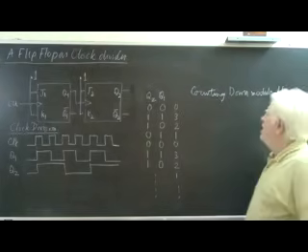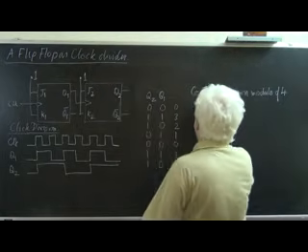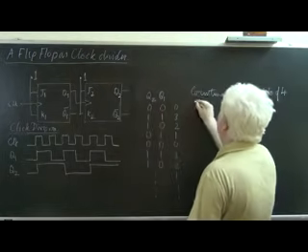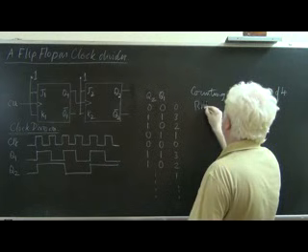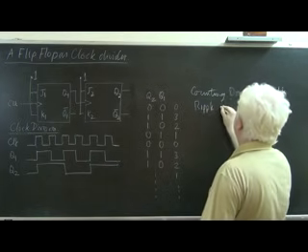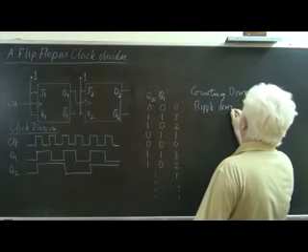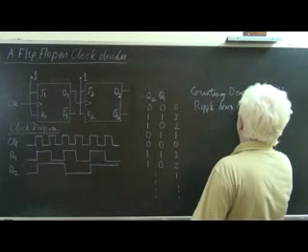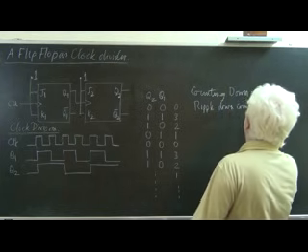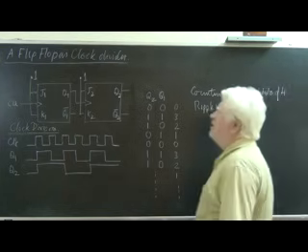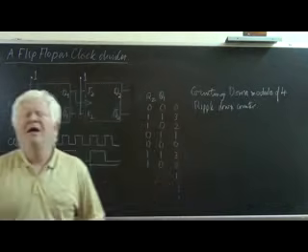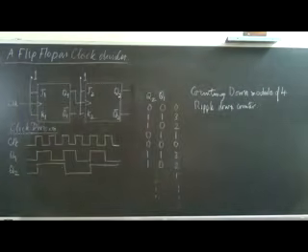This entire circuit is called a ripple down counter. So the way we connected our network has given us a ripple down counter.